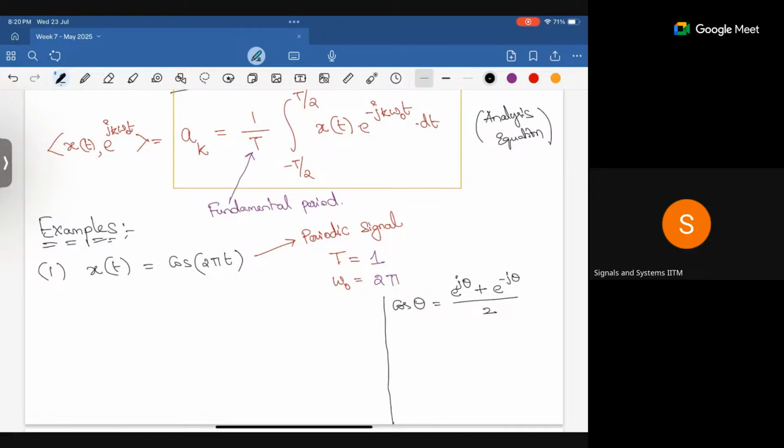Here, instead of theta, we have 2 pi t. So I can write this as e power j 2 pi t plus e power minus j 2 pi t, whole divided by 2.